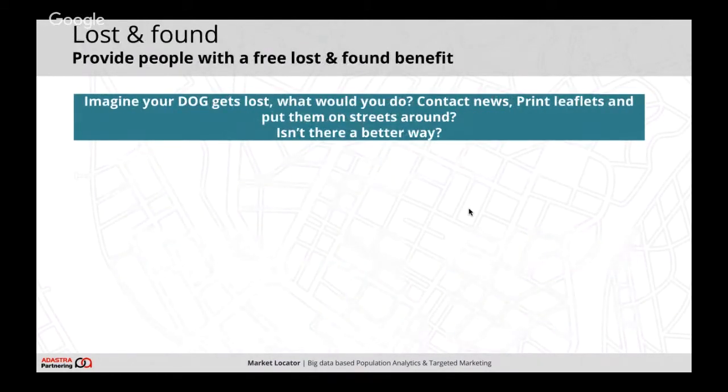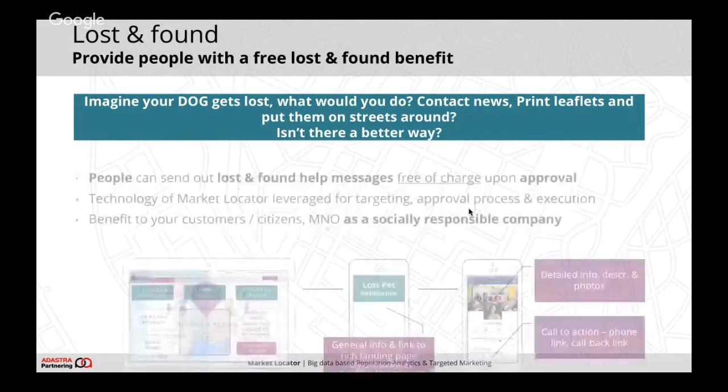Lost and found. Let's say your dog goes missing. What can you do? Again, you can contact news, print leaflets, put them on the streets, but isn't there a better way that you could be doing this? And isn't there a better way you as a telco could be helping your community?